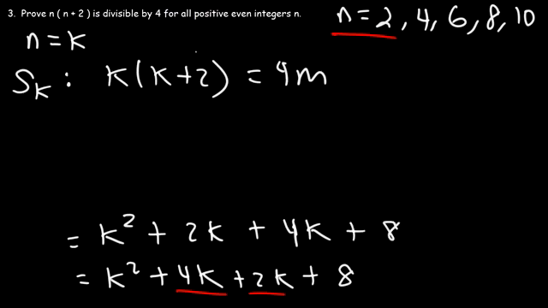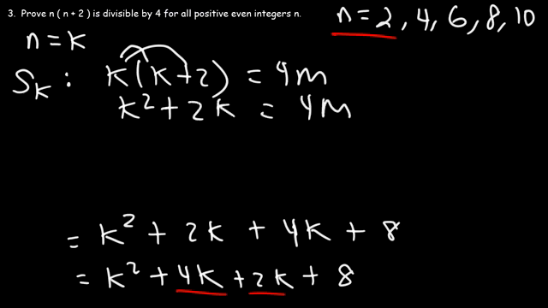And here's why. Notice that if we distribute k to k plus 2, we'll get k squared and then 2k, and that's equal to 4m. So therefore, since these two are the same, we can replace k squared plus 2k with 4m. And so that's what we need to do at this point.